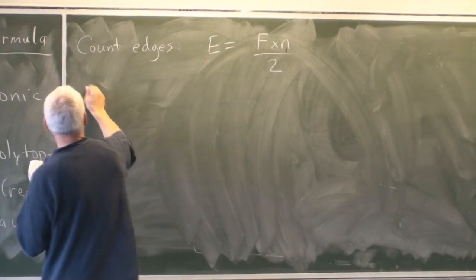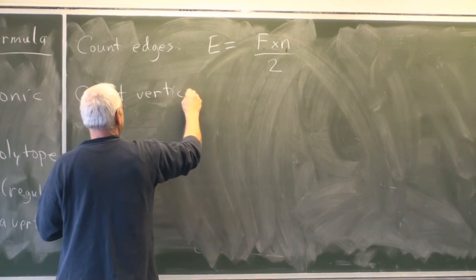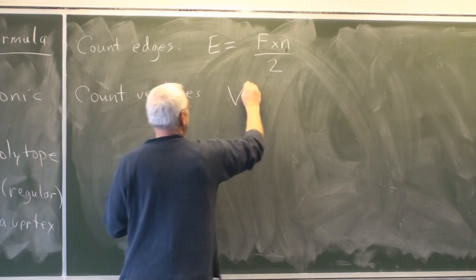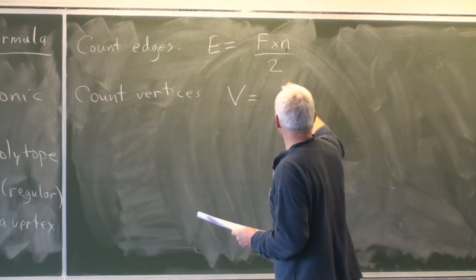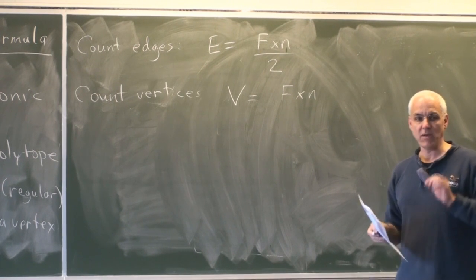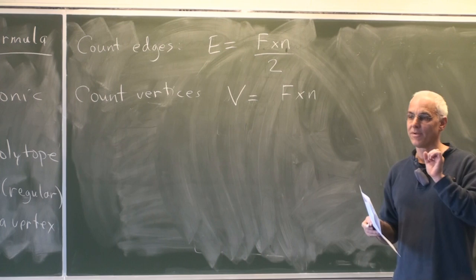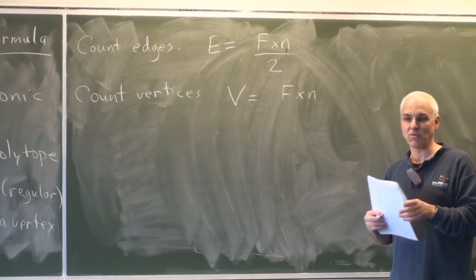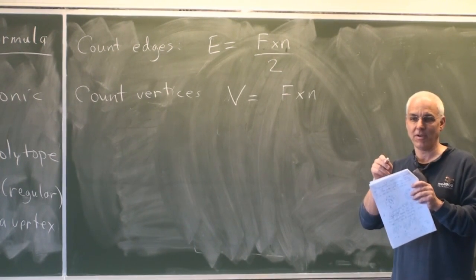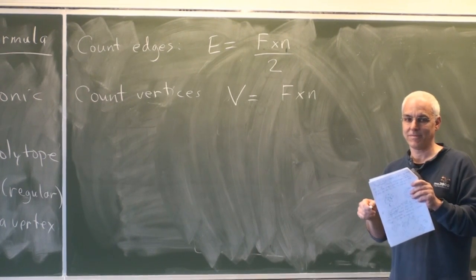And now we're going to count vertices, v. So every face has n vertices, but then we're counting the vertices too many times. Then a given vertex will be counted m times, because it will belong to m faces.